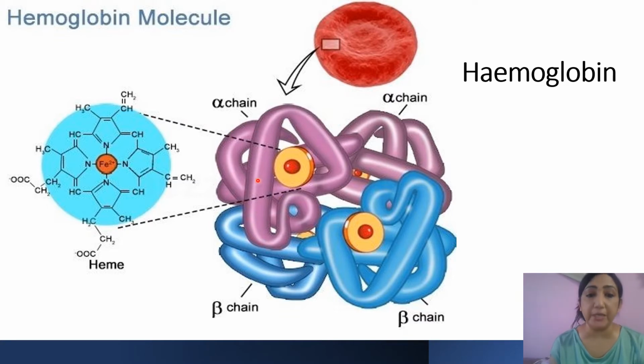Each polypeptide chain contains a heme molecule. In the heme molecule, iron is present in the ferrous state. This is very important. The iron has the capacity to bind with an oxygen atom. So if there are 4 iron atoms, in the ferrous state they can bind with 4 molecules of oxygen.